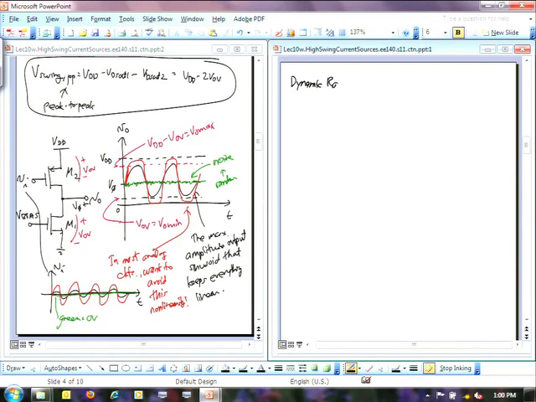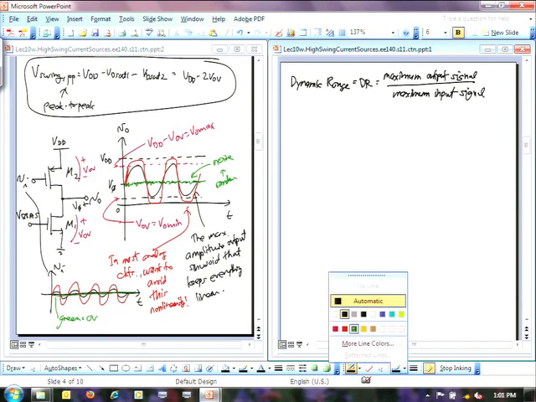Dynamic range, often DR. This is sort of your maximum output signal divided by your minimum input signal. And your minimum input signal, I just mentioned here, this is determined by noise.